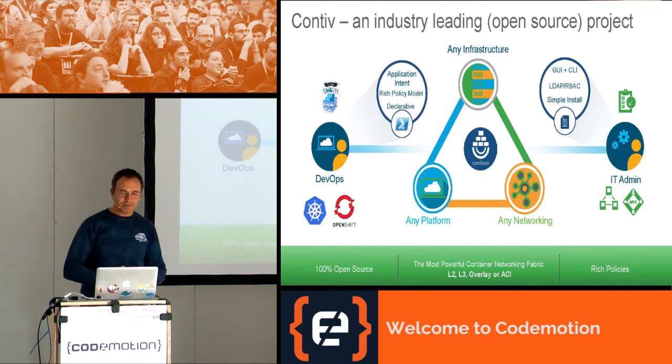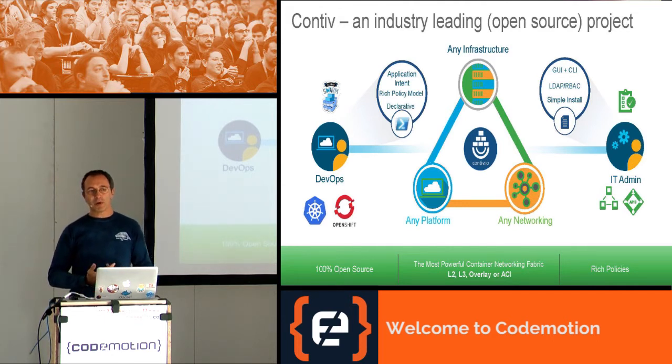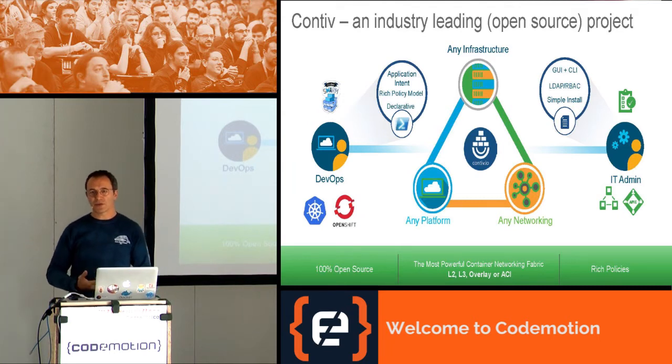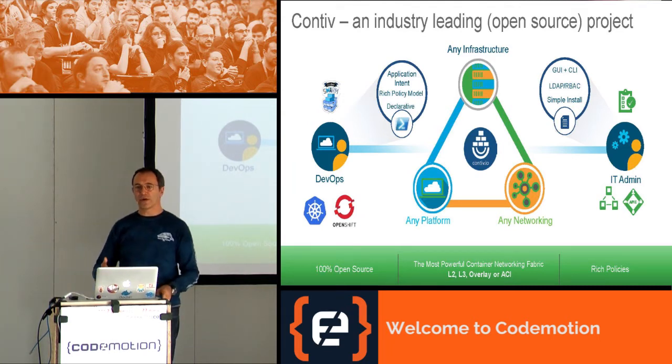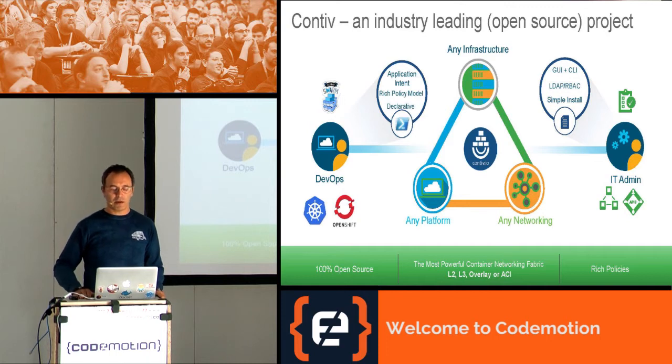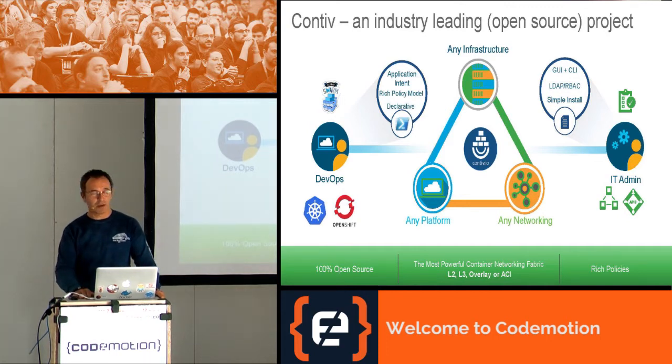Actually, it is a networking plugin for all the container platforms, so it can work with Docker and the other runtimes, and it integrates with the resource managers like Docker Swarm, Kubernetes, Mesos, Nomad, and so on. So it has no linkage with the infrastructure. It can run on every kind of server, every kind of networking, any container platform, as I said.